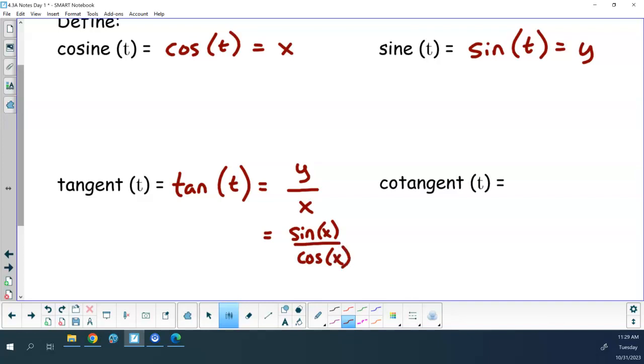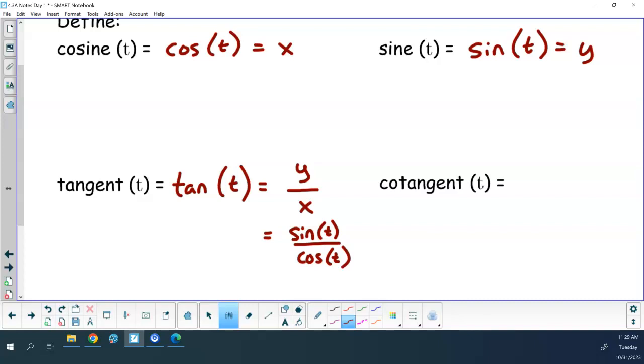Oops, I put x, those should be t's. Those three you've probably heard of. The next three, I think you heard of them in Algebra 2 Extended, possibly, but maybe not.